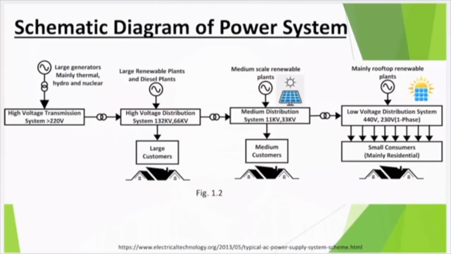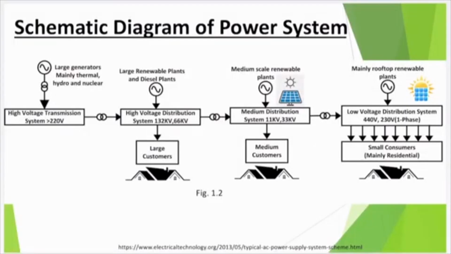They are integrated at 11 kV, and if they are very large power parks or solar parks, then they can also be integrated at 33 kV. And then the energy flows to customers. We can have residential rooftop where the extremely low voltage distribution system can also accommodate the solar rooftop power plants. And then the energy can flow to large customers, medium customers, as well as small customers.